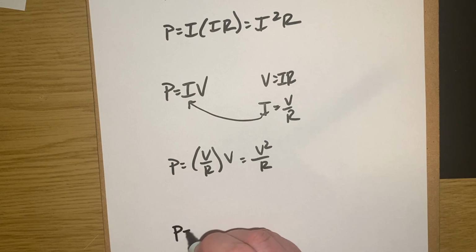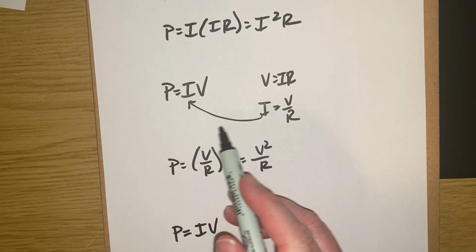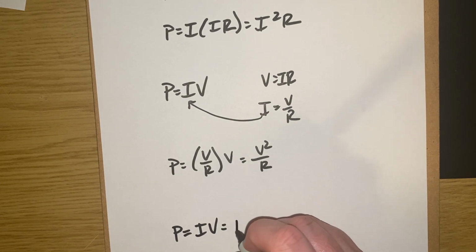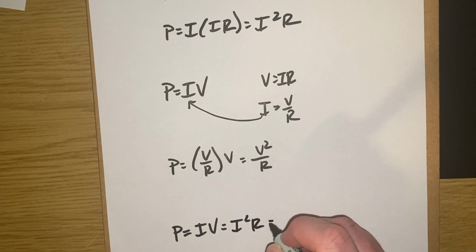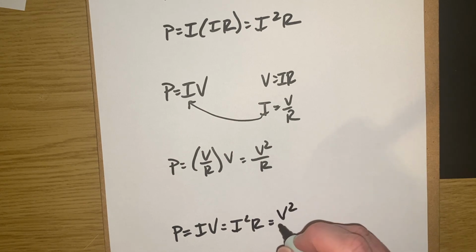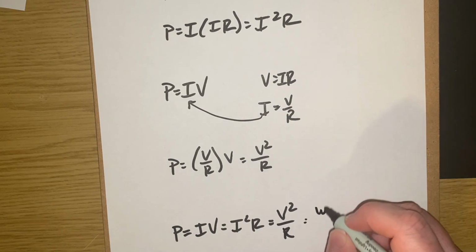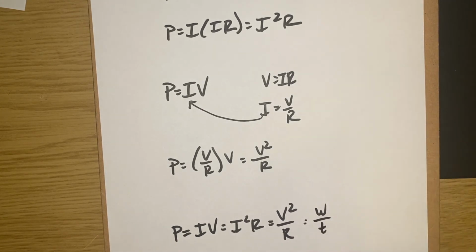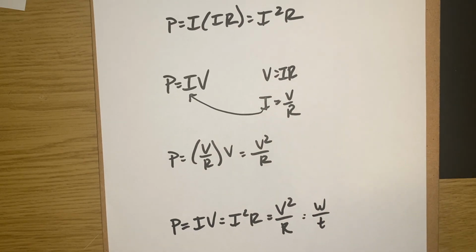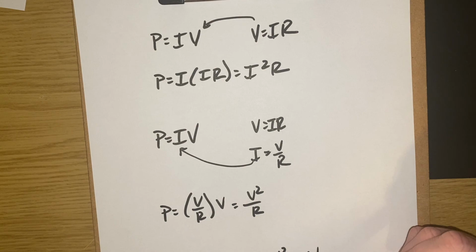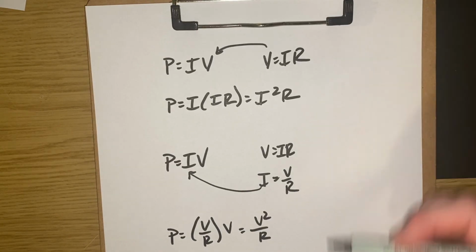We have P equals IV, which is also equal to I squared R, which is also equal to V squared over R, which is also equal to work divided by time. All of those pieces are equal to each other, and that's how we get between each of them, both from the stuff that we did at the beginning and the pieces that we have here.